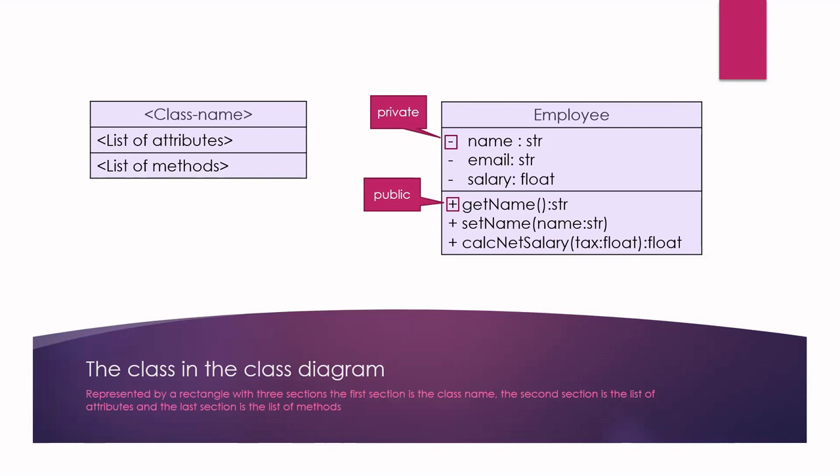Now, the notation of the diagram is to describe the general object-oriented concepts. Not every language is the same. As we discussed, having a private member in Python is not properly implemented. Okay, but this is just a notation to describe the concept in general. Okay.